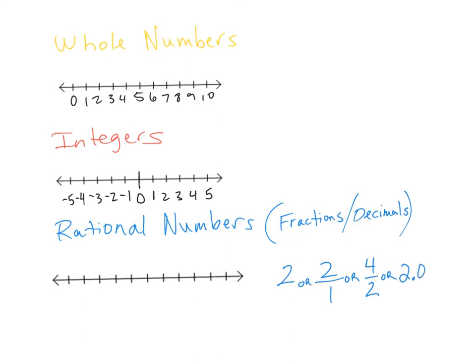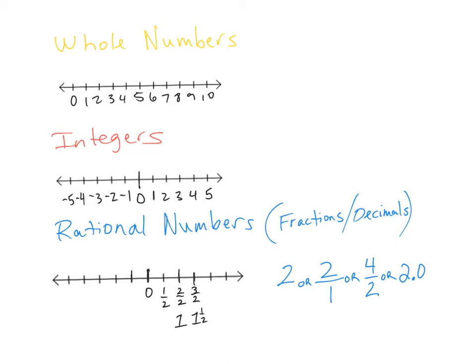Okay, so on my number line here, let's go ahead and give you something. So again, rational numbers include the positives and the negatives. Let's use halves. So if this is 1/2, this would be 2 halves, which is also 1. This would be 3 halves, which is also 1 and 1/2.